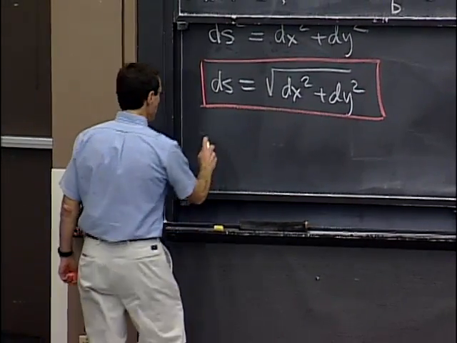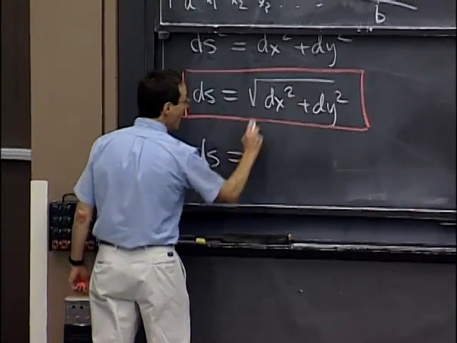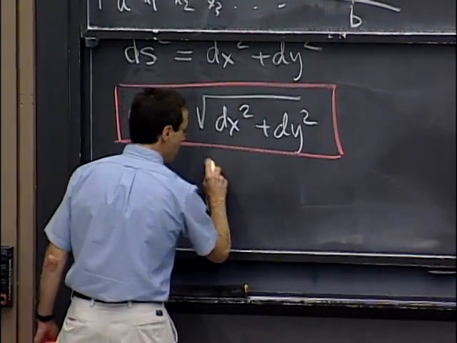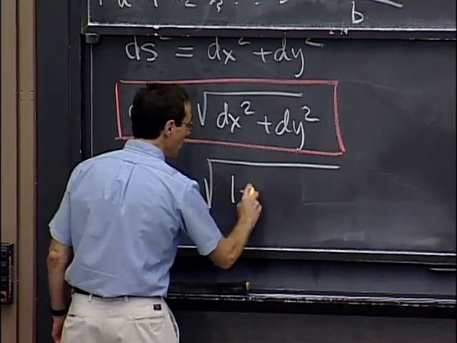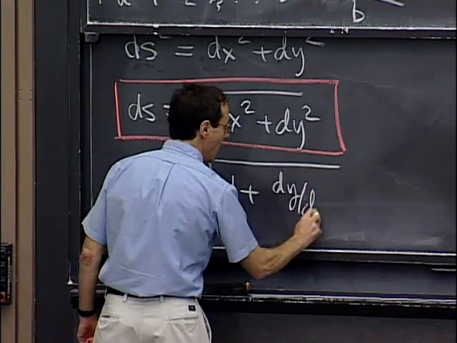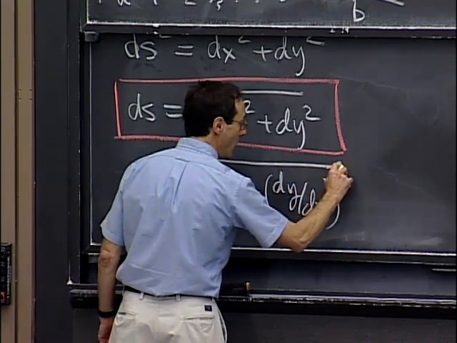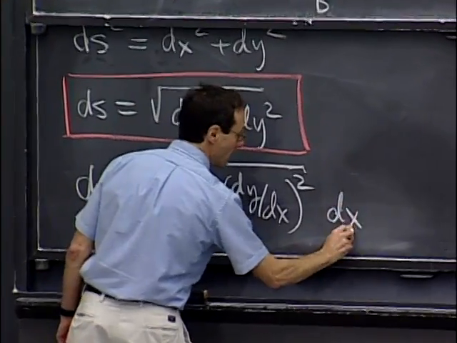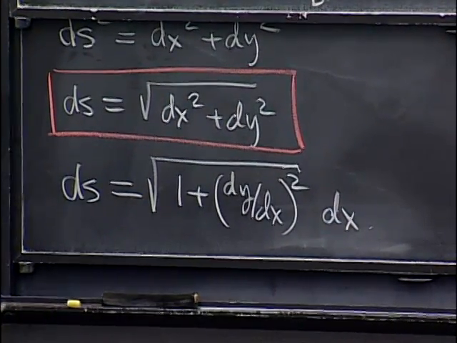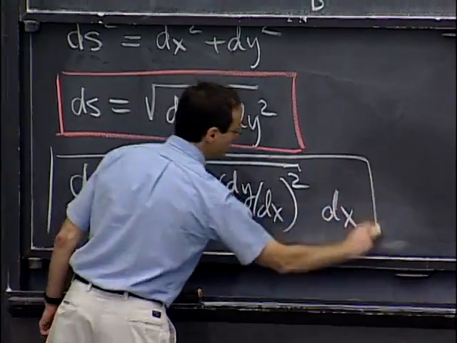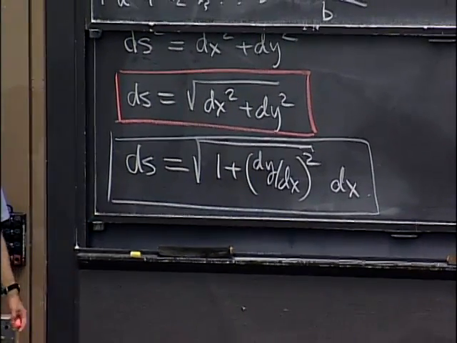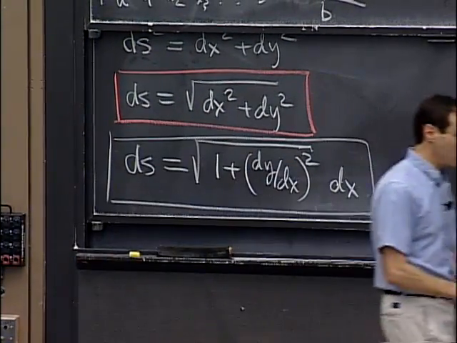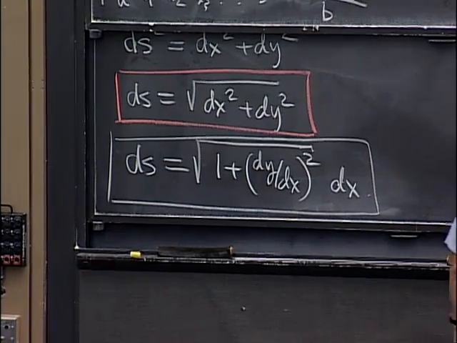The first one is that you can factor out the dx. So that looks like this: the square root of 1 plus (dy/dx) quantity squared, and then I factored out the dx. So this is a variant, and this is the one which we'll actually be using in practice right now on our examples.